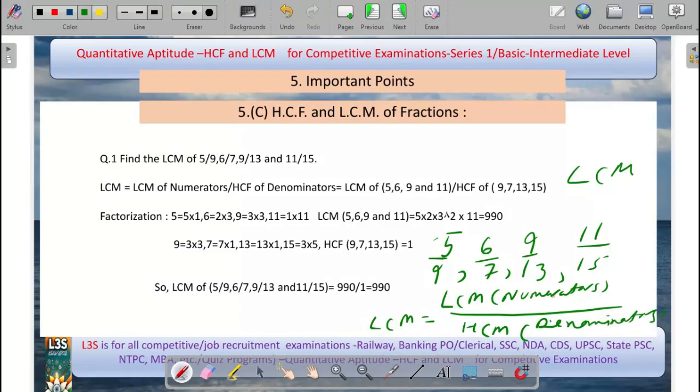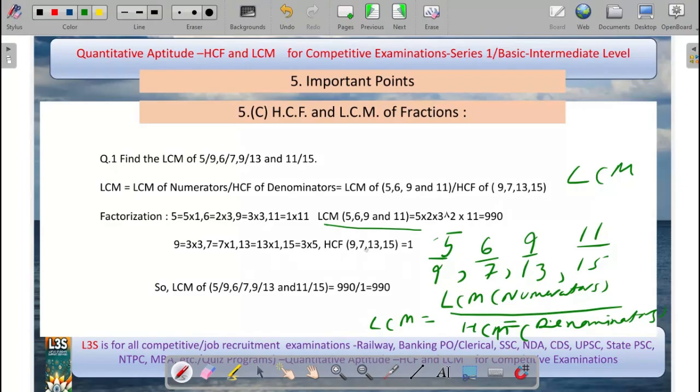So the LCM of numerators means the LCM of 5, 6, 9 and 11, divided by the HCF of 9, 7, 13 and 15.